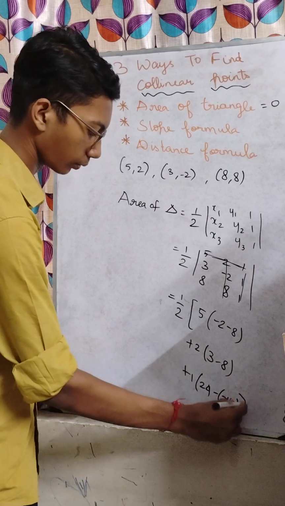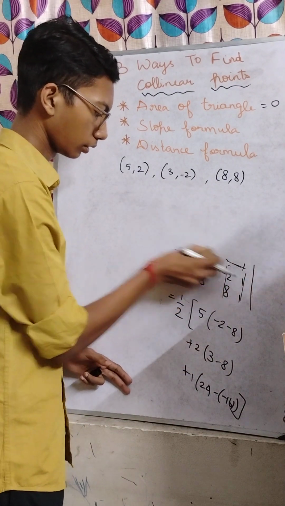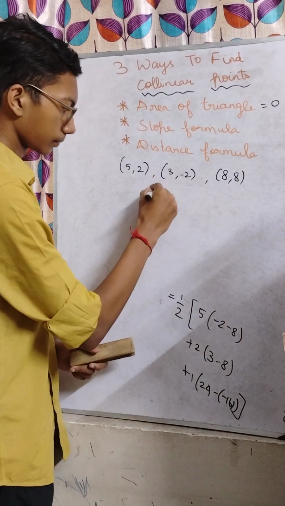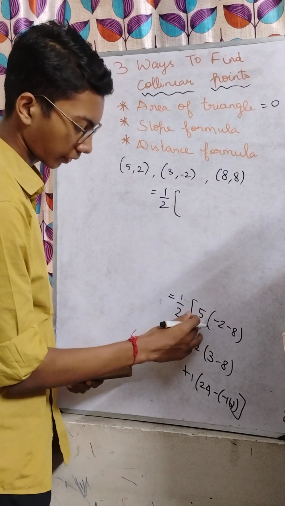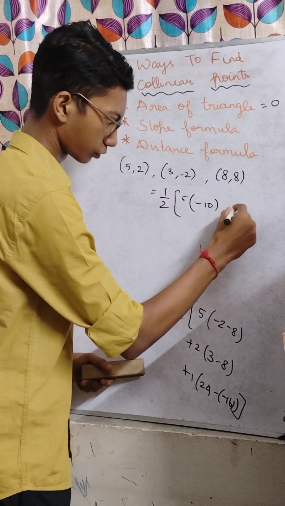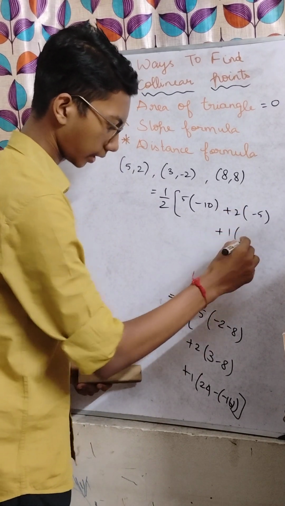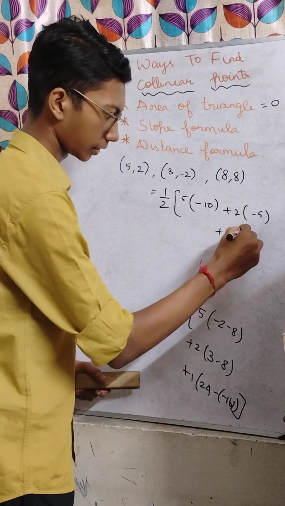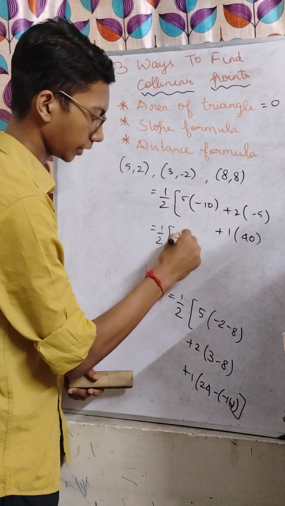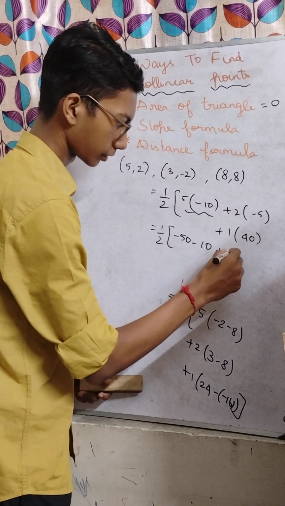So this is what we have. If the area of triangle is 0, we can say these 3 points are collinear. So solving this, 5 times minus 10 plus 2 times minus 5 plus 1 times 24 plus 16 gives 40. So half of minus 50, multiplying this, you have minus 10 plus 40.